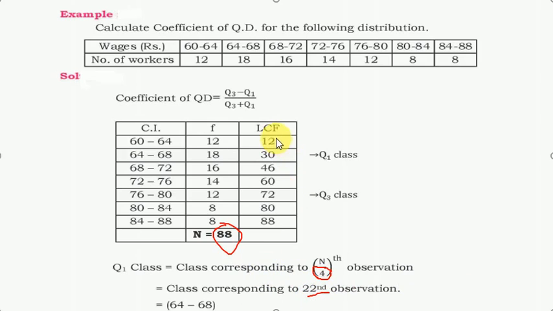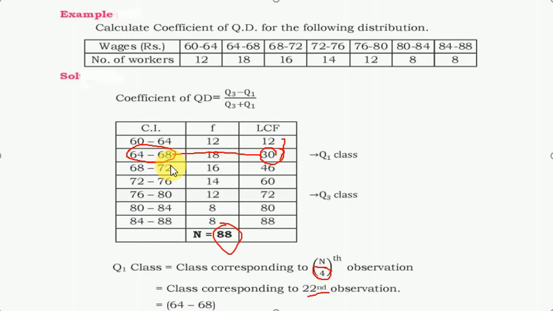Now, it is not exactly 22 here. The cumulative frequency 12 is the lower value, and the next higher value is 30. So the 22nd observation lies in the wage group 64 to 68. Somewhere in between, there is some wage between 64 and 68.